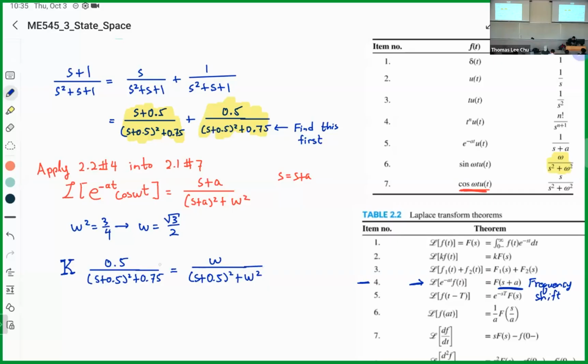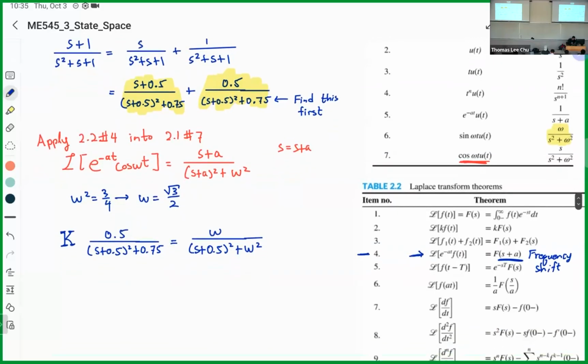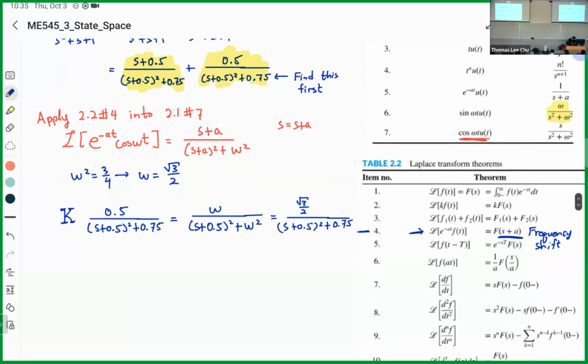We already know that omega squared is equal to 0.75. So we sub in omega and get √3/2 divided by s plus 0.5 squared plus 0.75. So basically some k multiplied by 0.5 is equal to √3/2.